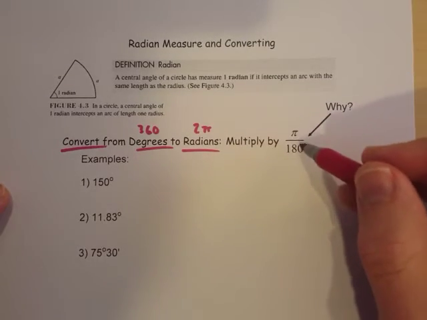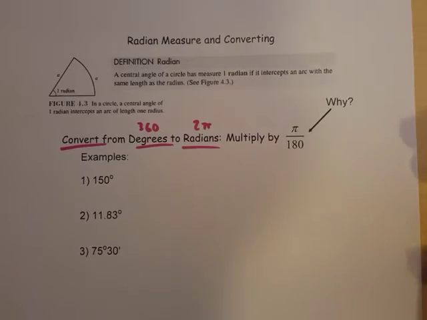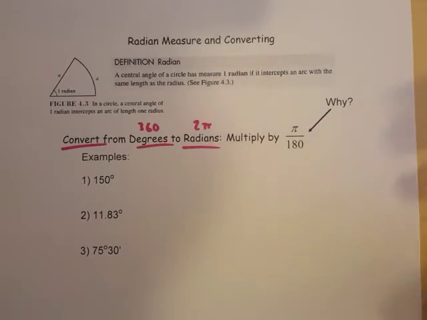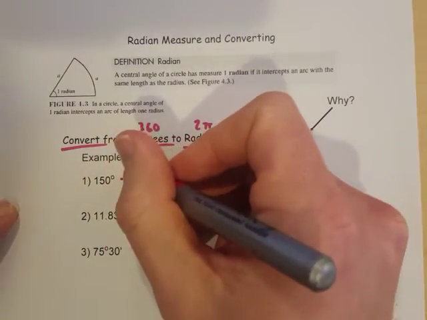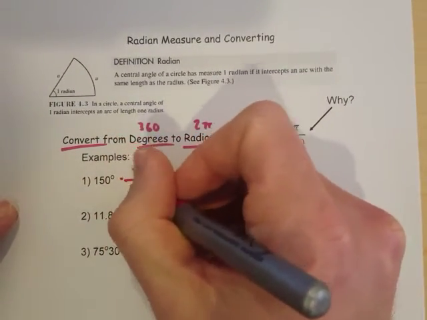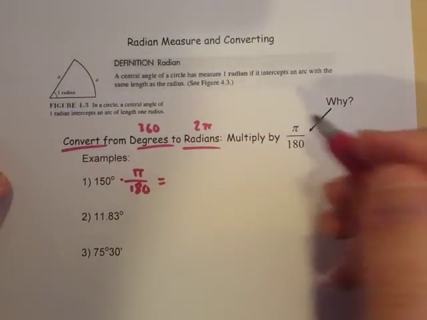So if we multiply by pi over 180 for any of these problems, we're not really changing the value of the problem, because whenever you multiply by 1, the same thing comes out. So we're just going to do that for each one of these. We got 150 times pi over 180. Like any fraction, we're going to combine these things together.